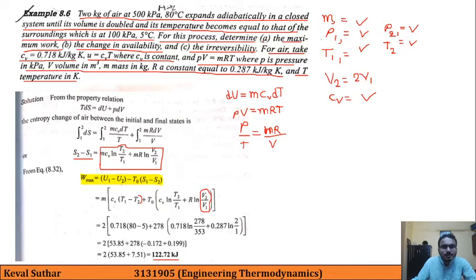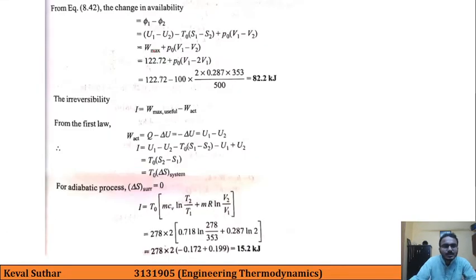Now we have obtained the first question, that is the maximum work output, and the change in availability is given by this formula here, phi1 minus phi2, which is based on this formula. And if you recall, this value is already obtained, that is u1 minus u2 minus T0 into s1 minus s2.